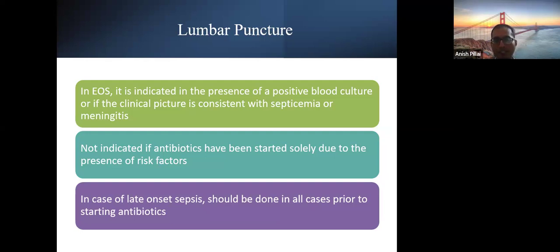So if clinical doubt is high, the picture is very severe and you want to treat it, then it is always better to rule out meningitis. Solely for one reason, that the treatment duration changes. So if you have not ruled out meningitis, then stopping antibiotics early becomes a bit of an ethical dilemma. So it is always better to do a lumbar puncture if you strongly suspect sepsis, and more so in late onset sepsis.